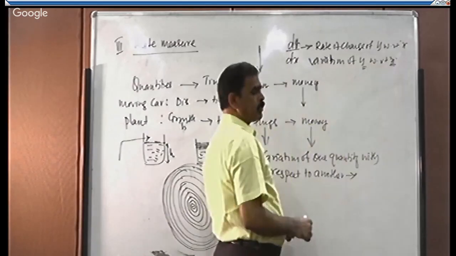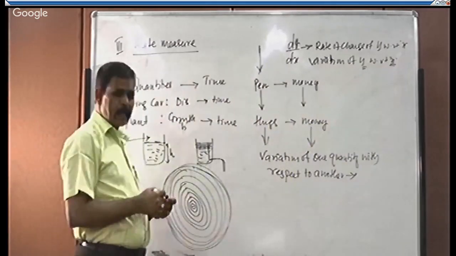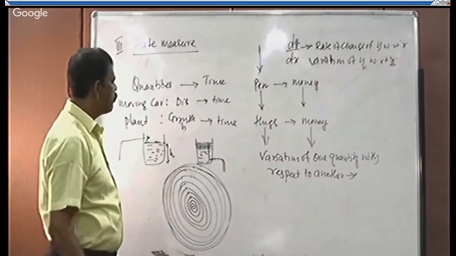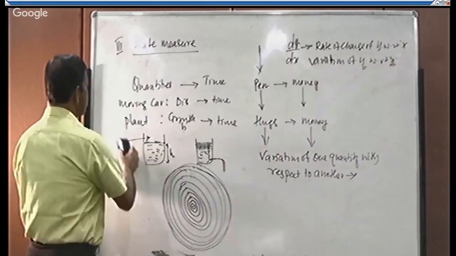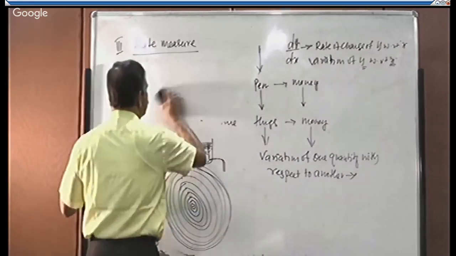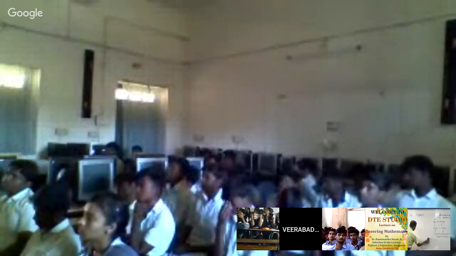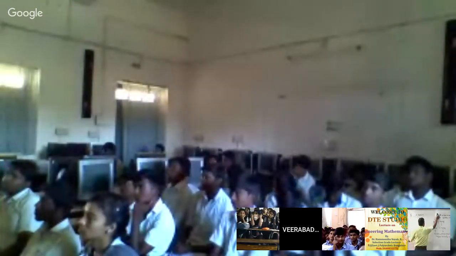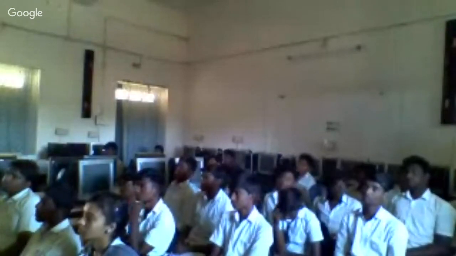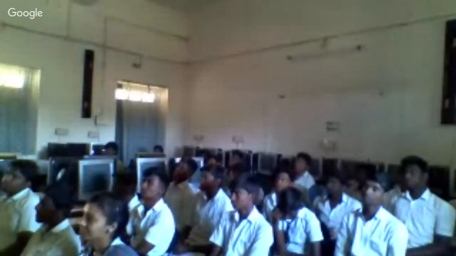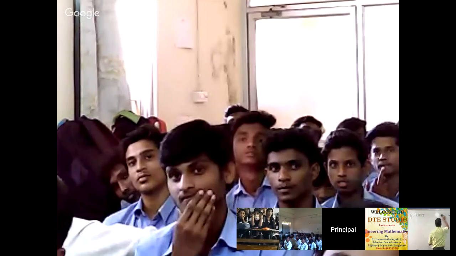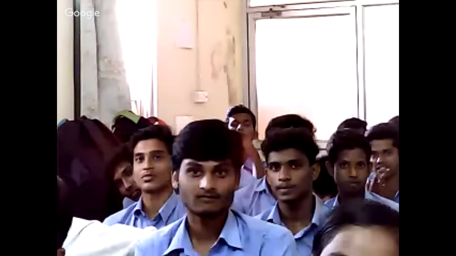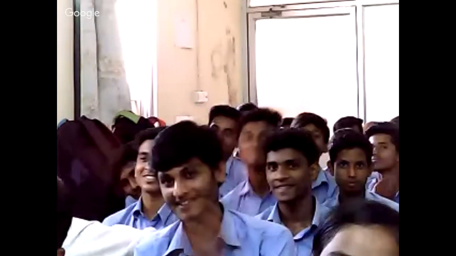This is the brief introduction about rate measure. In nature, we use this rate measure to calculate even the profit of a business. Suppose a business is going on according to a particular equation. In that also we can get the profit of that business.